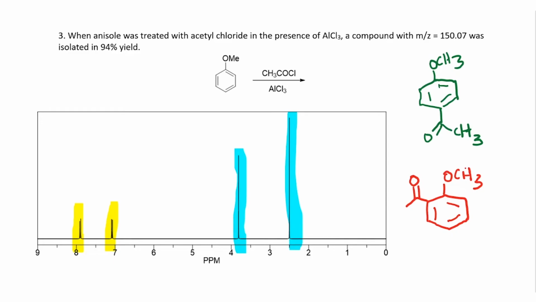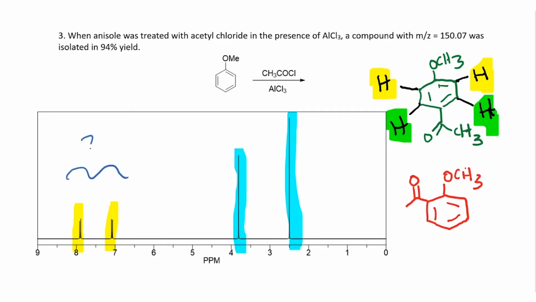Okay, so if I look at the product that can be formed, the product has basically this hydrogen here and this hydrogen here, which is basically two sets of hydrogens, because these two hydrogens are identical. That is, I'm going to color it in yellow. So these two are the same and these two are the same if you look at symmetry wise. So therefore you would see two sets of signals, which is what you see here in this NMR spectrum.